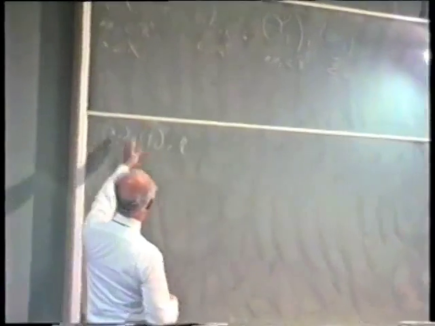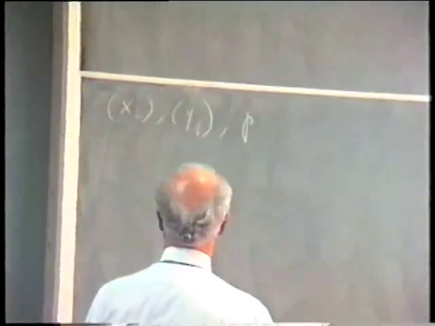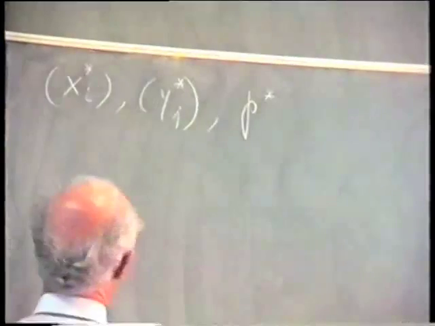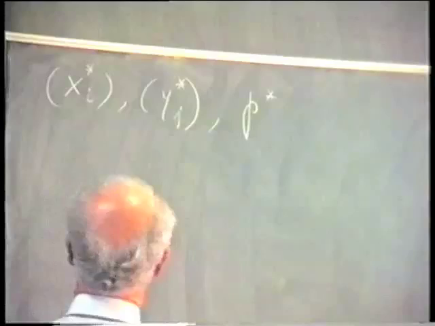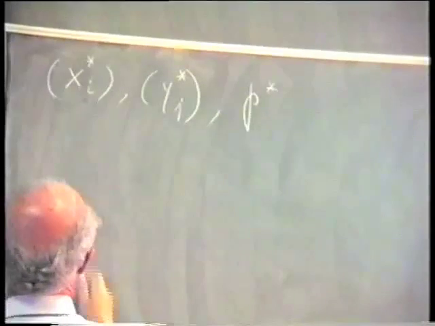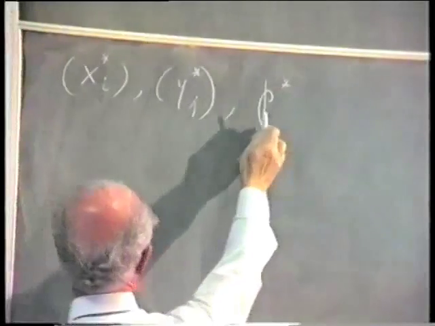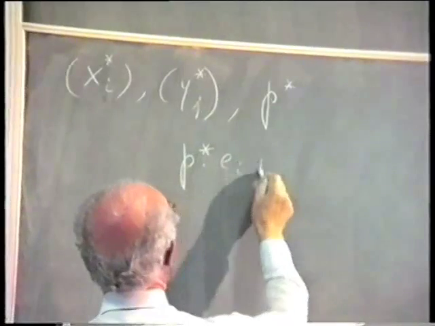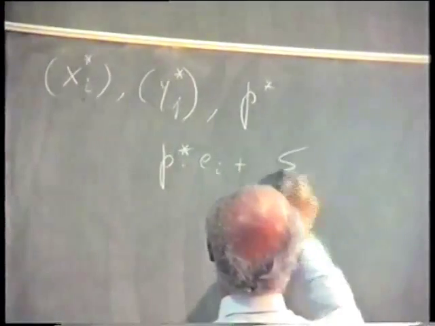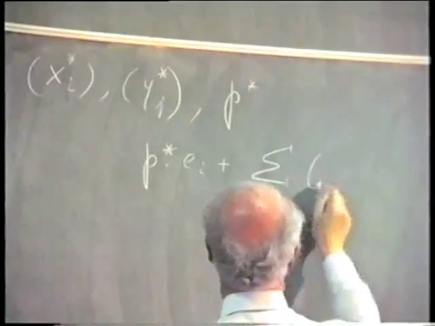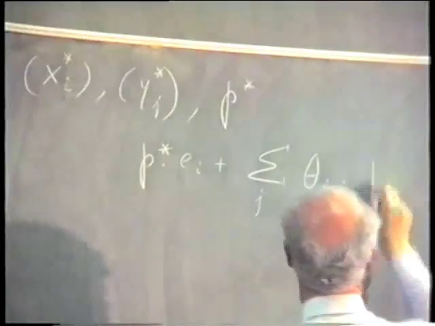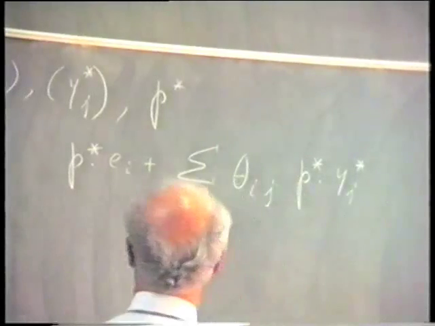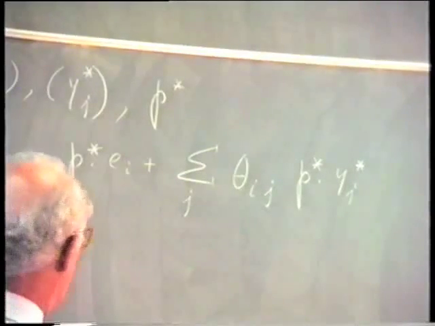These various vectors belong to R^L, and we have an equilibrium, which I will denote by a star, if the following is true. First of all, x_i star must satisfy the following condition. If the price vector is p star, then the ith consumer has the following income or wealth, according to your interpretation of the commodities: the sum over j of theta_ij p star dot y_j star, y_j star being the production vector chosen by the jth producer.